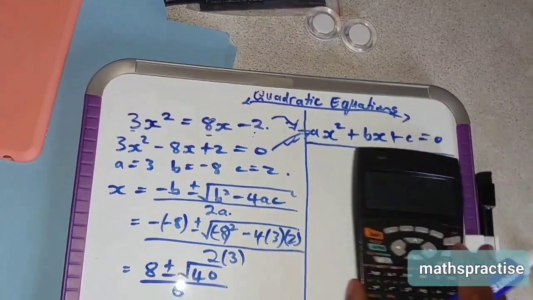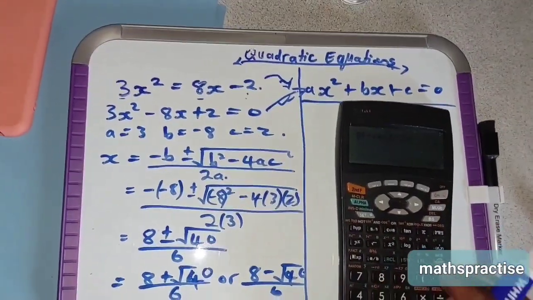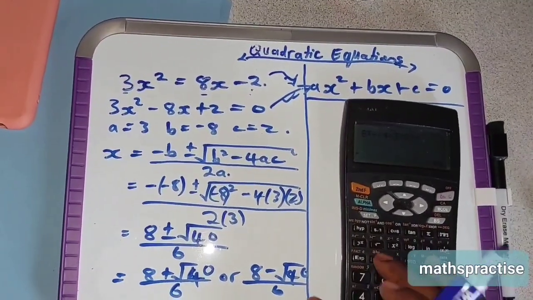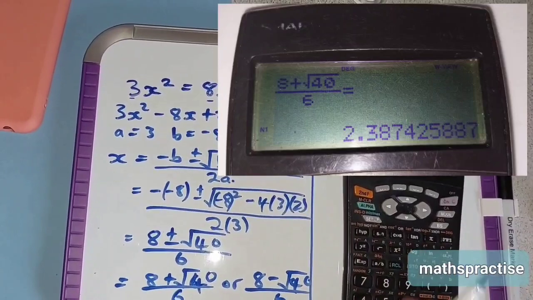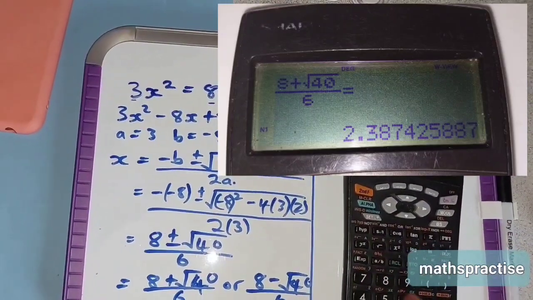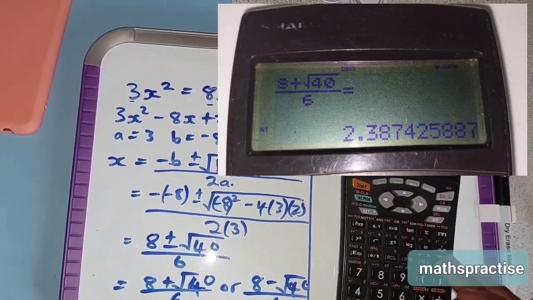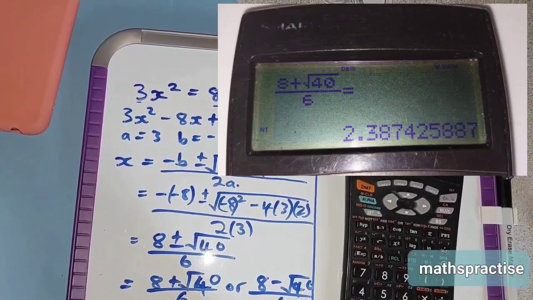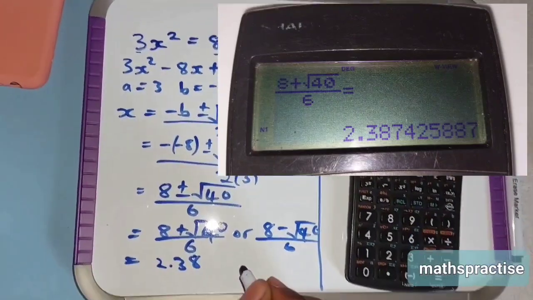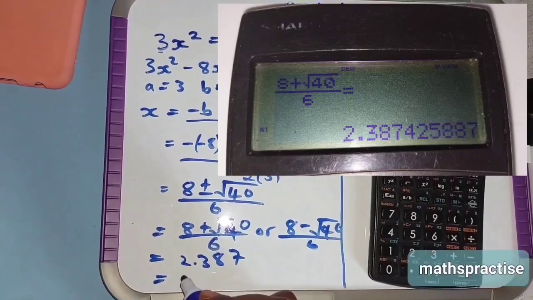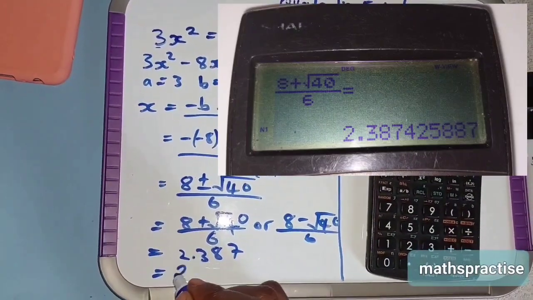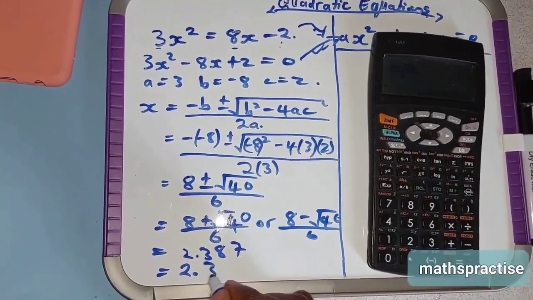If you punch it on your calculator, 8 plus the square root of 40 divided by 6, that's 2.387, which to 2 decimal places will be 2.39.